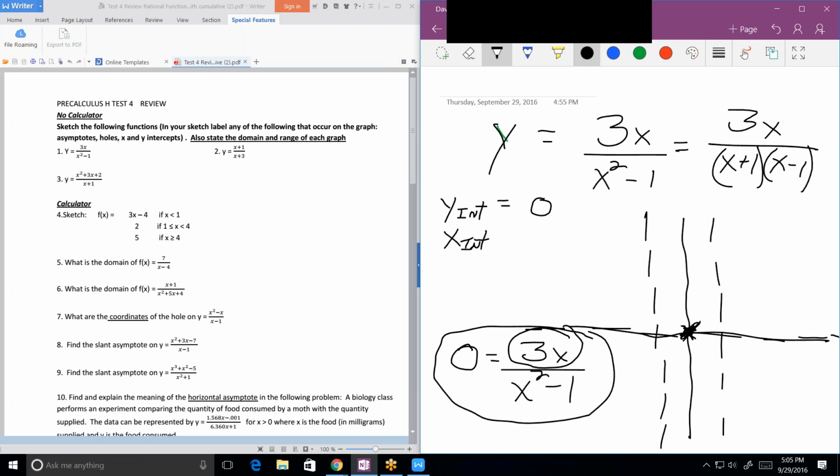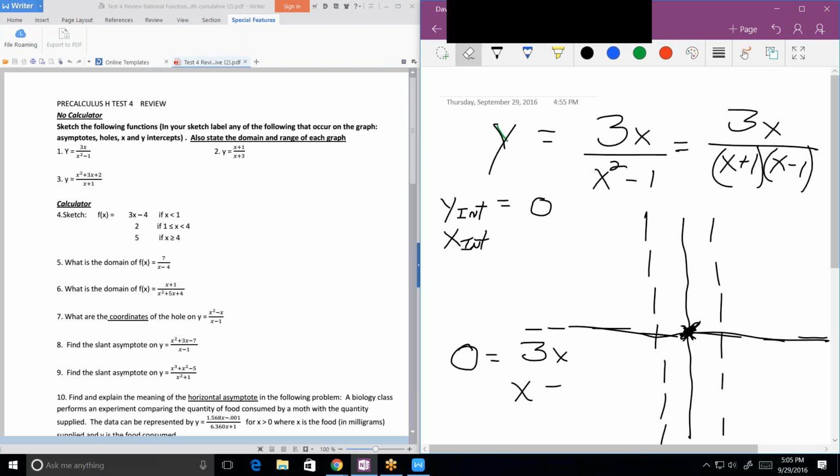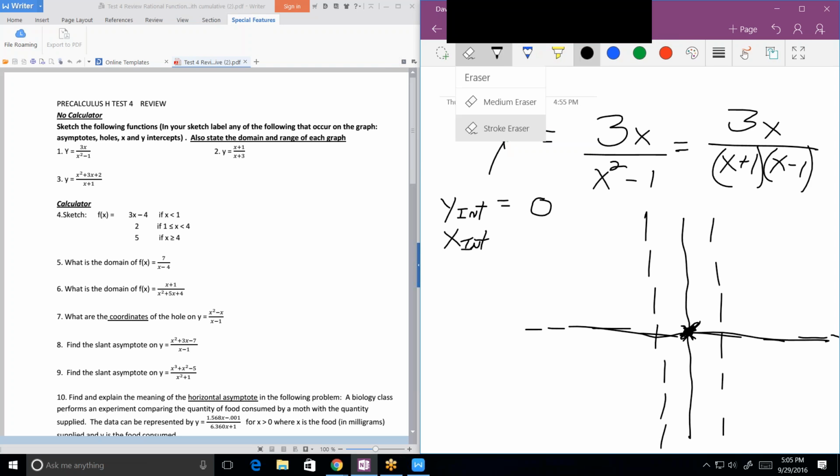Now, whenever you have dual vertical asymptotes like this, the graph of it is hyperbolic. Again, let me erase this. We know it's going to look, you know what I mean by hyperbolic?